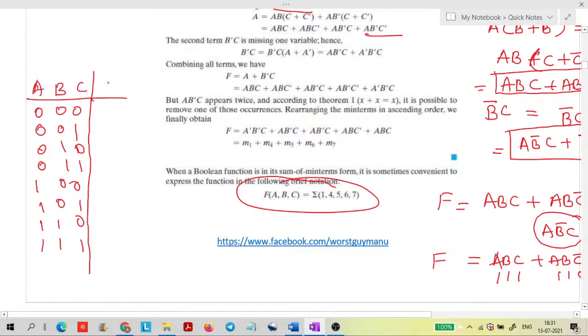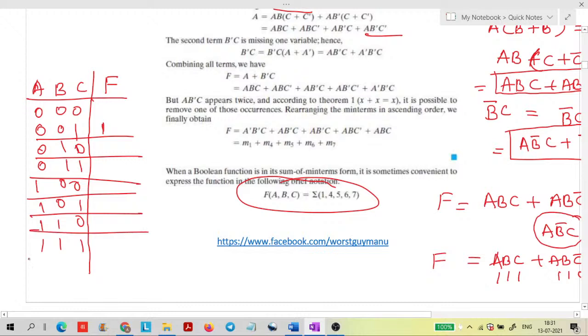And this is my function, and what are the minterms here? 1, 4, 5, 6, 7.